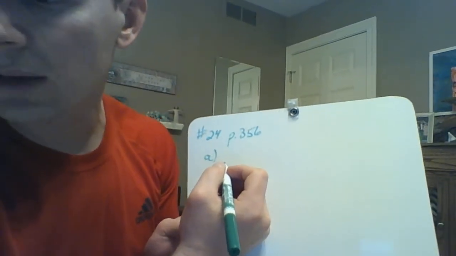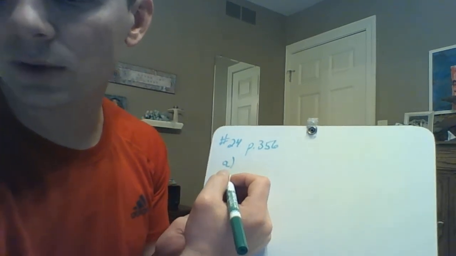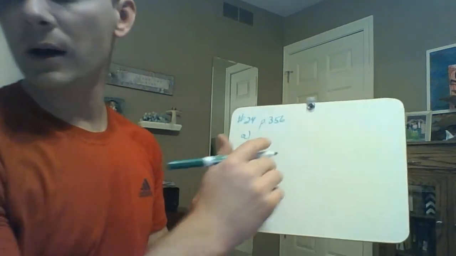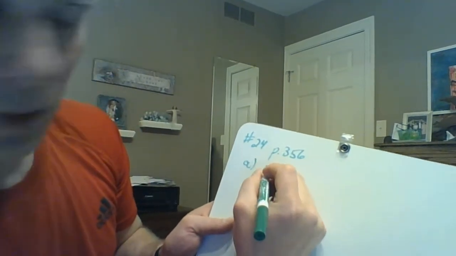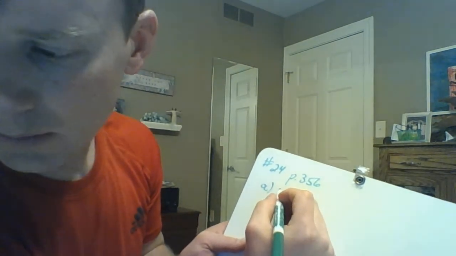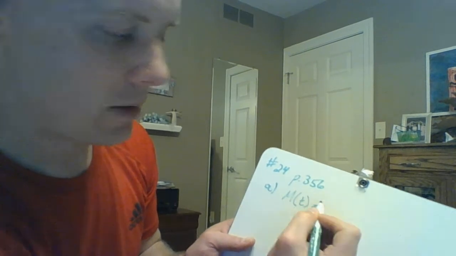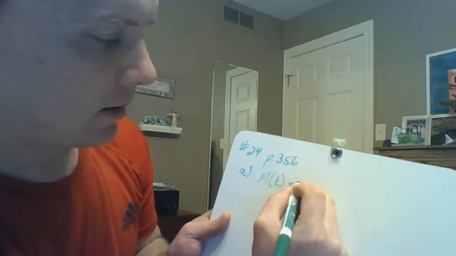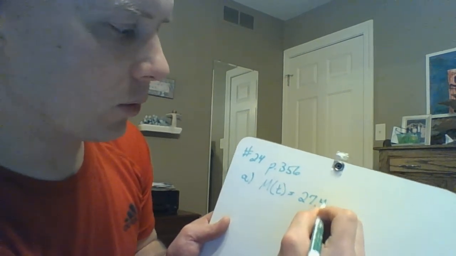They want us to construct an exponential model for per capita whole milk consumption in gallons. So this is something we've already done. They talk about the decrease as a percentage, so we know it's going to be a decay. So we have m of t equal to the initial amount consumed by each person, which was 27.4 gallons.